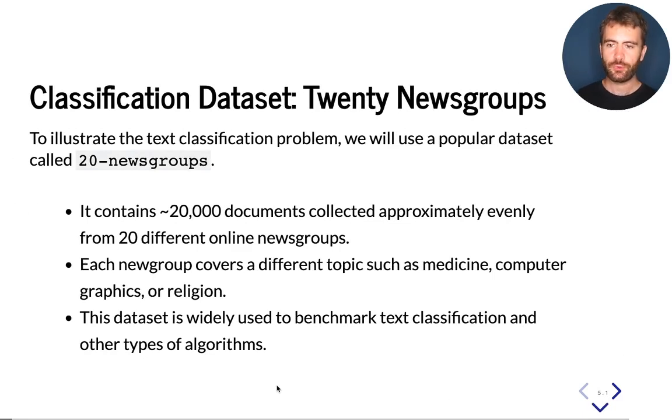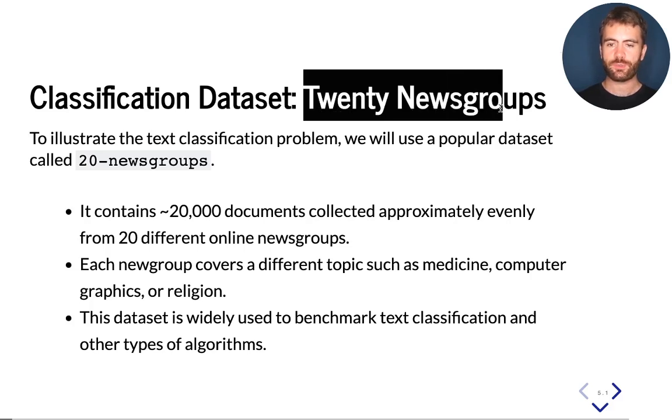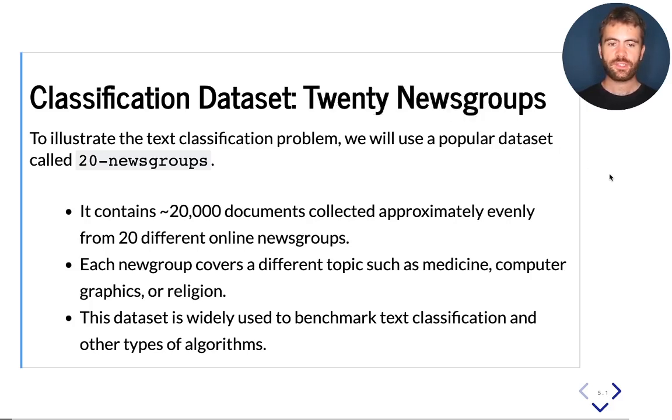Now, in order to give you an example of what a text classification problem looks like, I'm going to use this famous data set in machine learning called the 20 newsgroups data set. So this is an instance of a text classification problem in which we have 20,000 documents that are collected approximately evenly from 20 different online news groups.